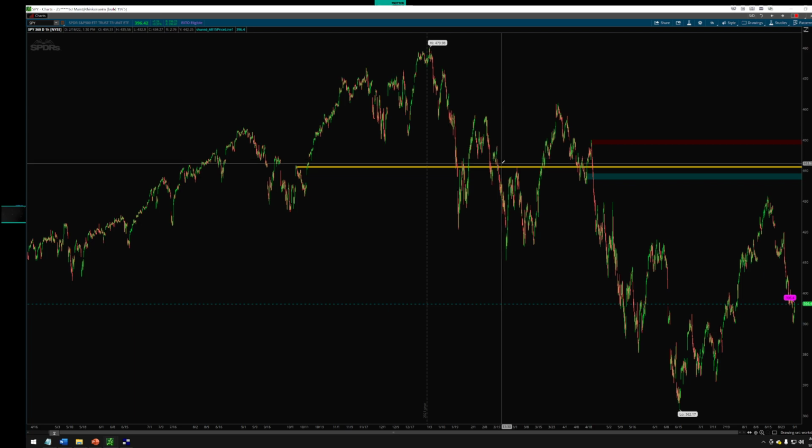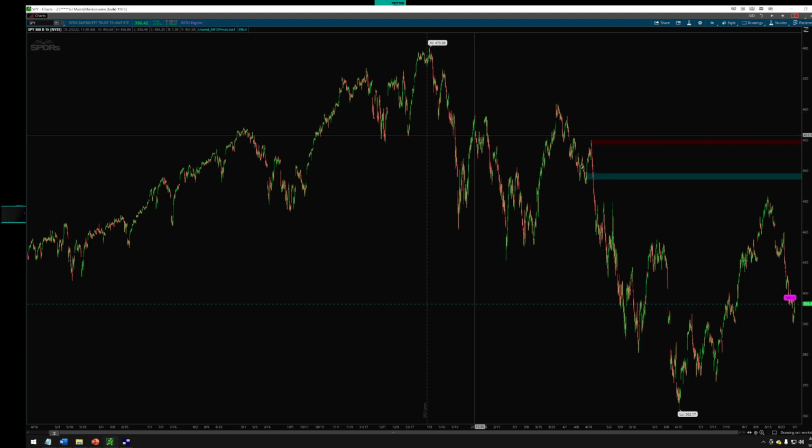The problem is that since it's been breached many times, it's still a demand and supply area, but it's not as strong as it would be if it were fresh. Is that what I mean? Okay. But you can go all the way back as much as you can, just always take into consideration that the fresher that zone is, the more reliable it will be to take effect as a support or as a demand or supply area.